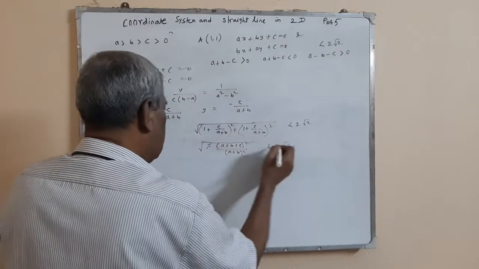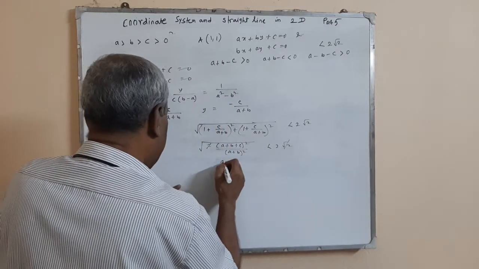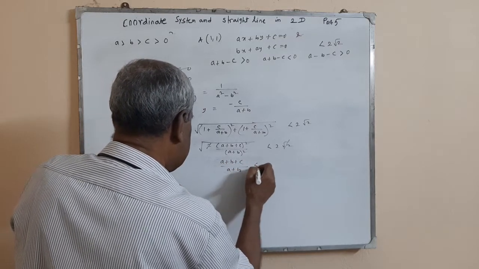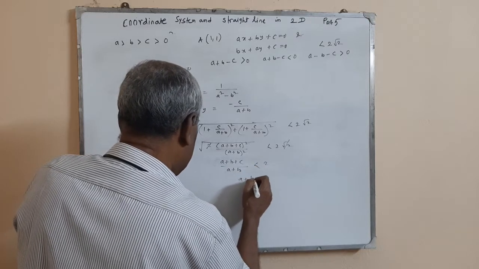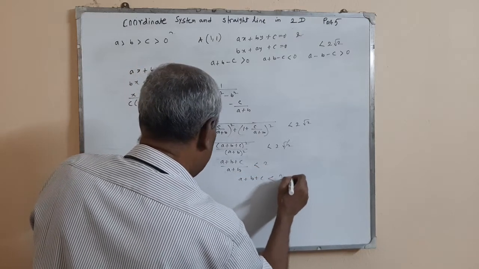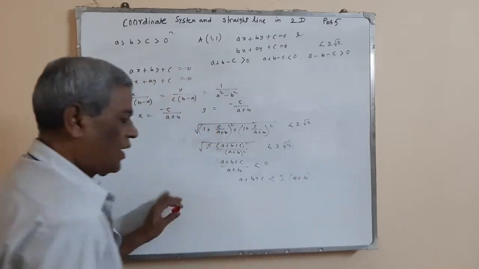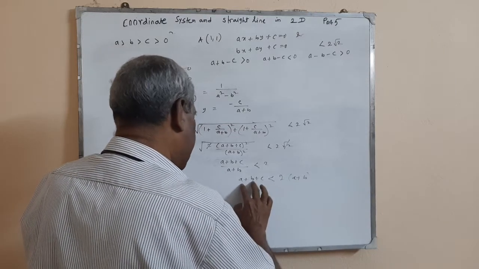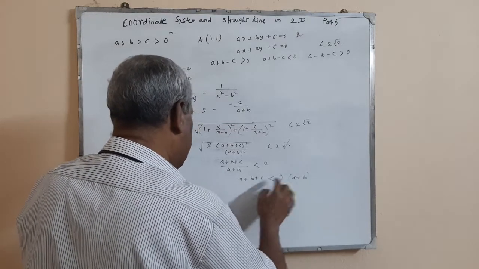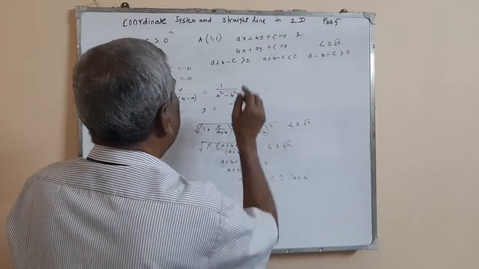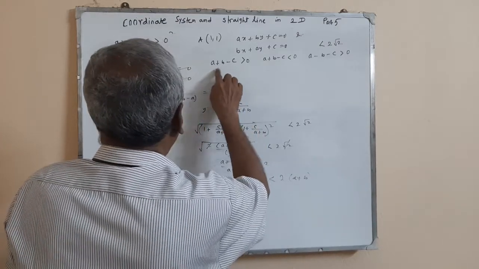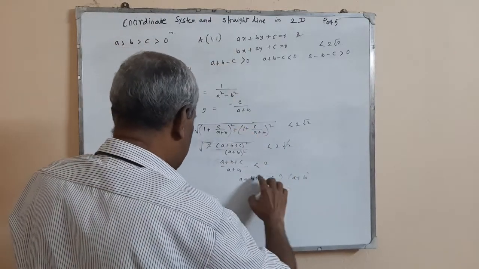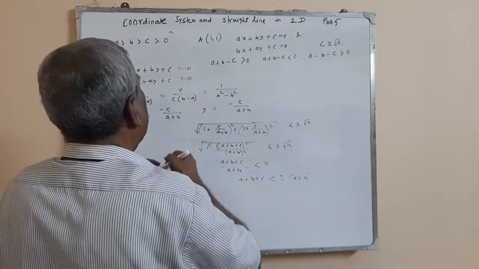Now root 2 cancels, so we get A plus B plus C by A plus B is less than 2. That is A plus B plus C is less than 2 into A plus B. Now A plus B cancels with this, so A plus B is greater than C. A plus B minus C is greater than 0, so that option is correct.